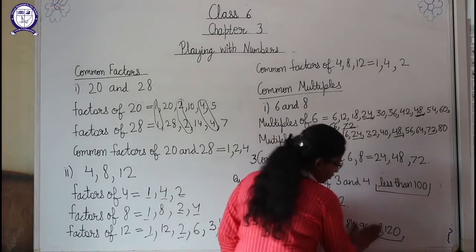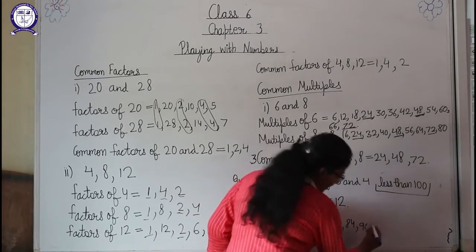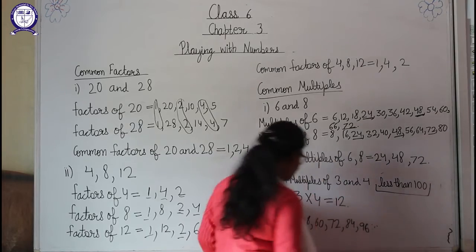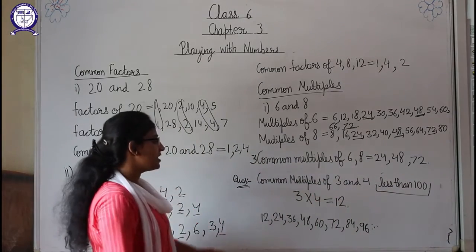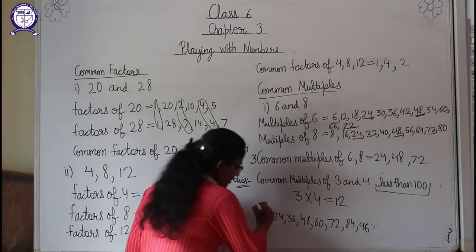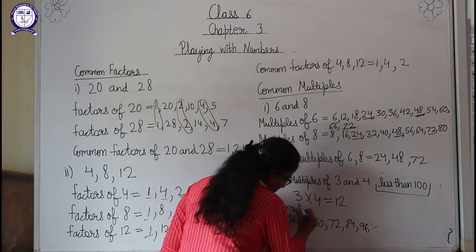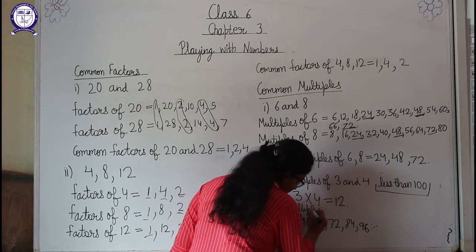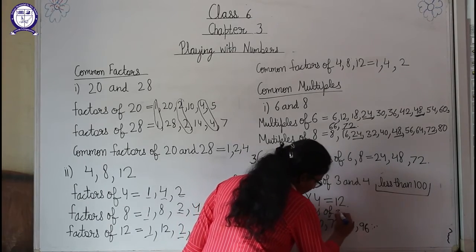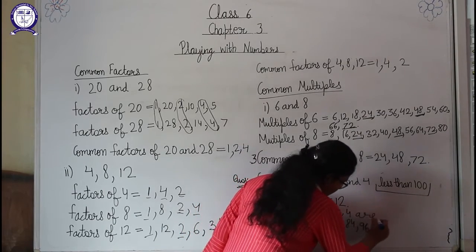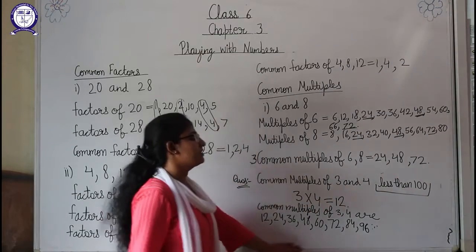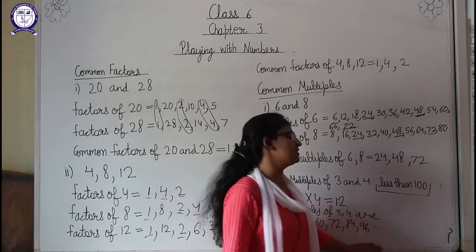We will remove these two and our multiples will be up to 96. So these are the common multiples of 3 and 4, and these are less than 100.